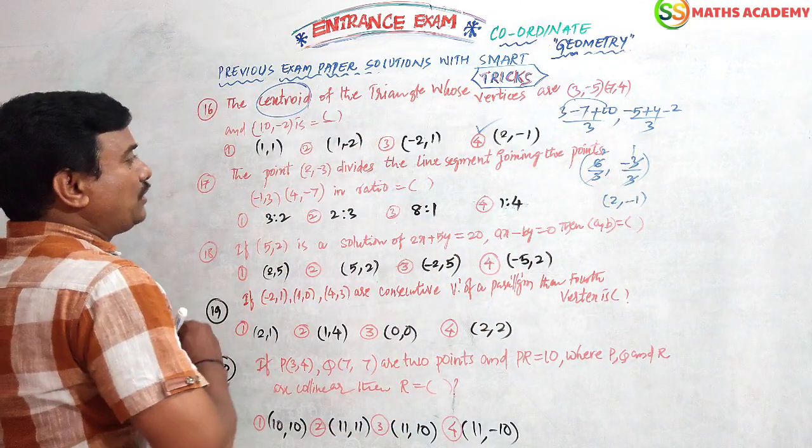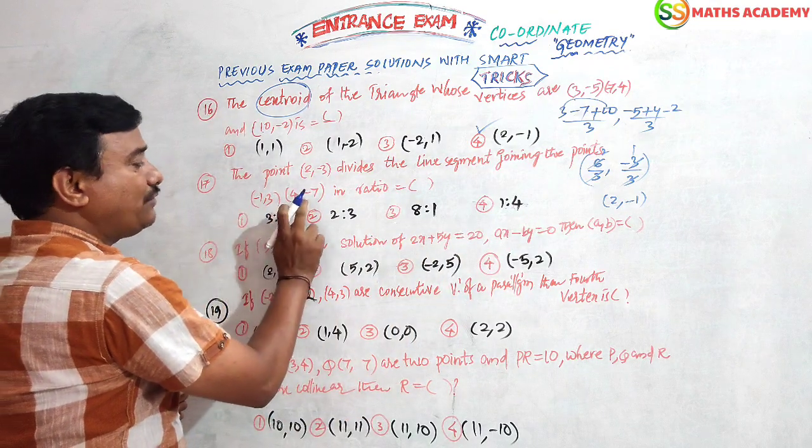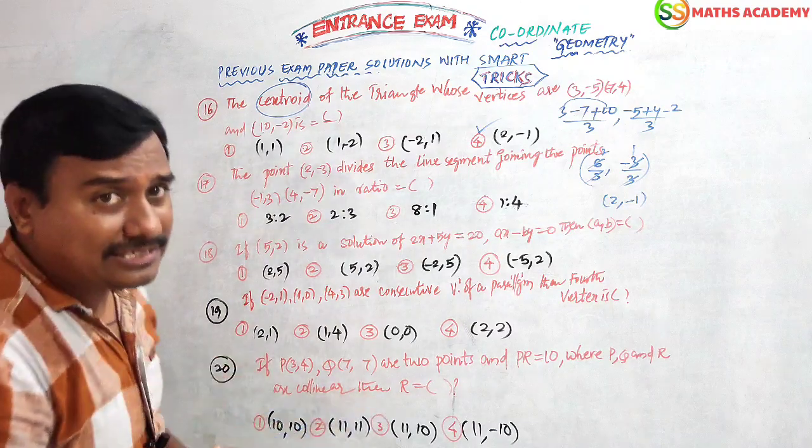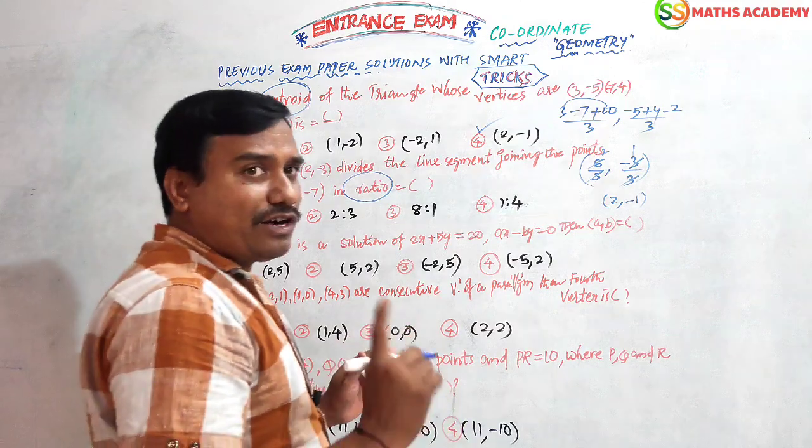Next. The point (2, minus 3) divides the line segment joining the points (minus 1, 3) and (4, minus 1) in the ratio. What is being asked now? Ratio is asked. No problem. Which formula should I apply here? The section formula.